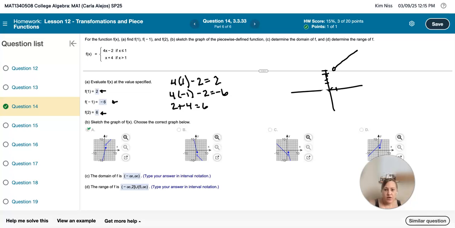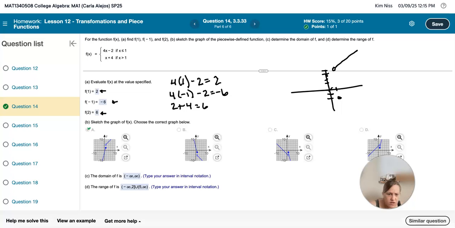So then you want to evaluate the next one. The next one is 4x minus 2 if x is less than or equal to 1. So this one has a stretch, I think, and it's minus 2 units. So you're going down 2 units for if x is less than or equal to 1. So that's going to be a filled in circle.